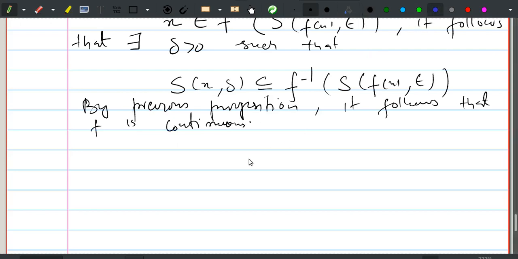There is an analogous version of this theorem in terms of closed sets.